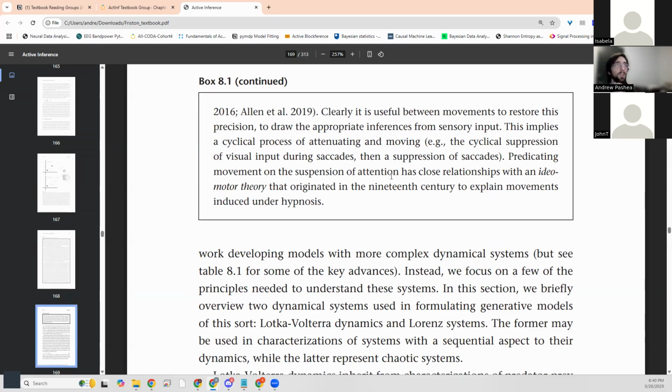Suddenly being able to understand these kinds of dynamics, at least as of this point in the textbook, a couple of years ago by these authors, and the work has not stopped since, and I don't think it's going to.